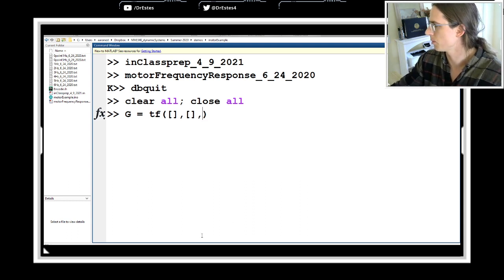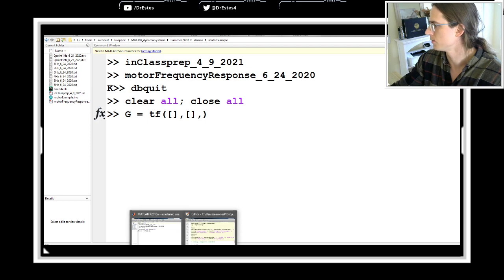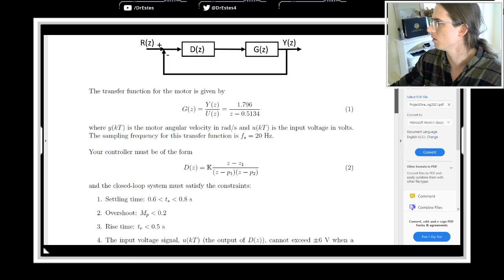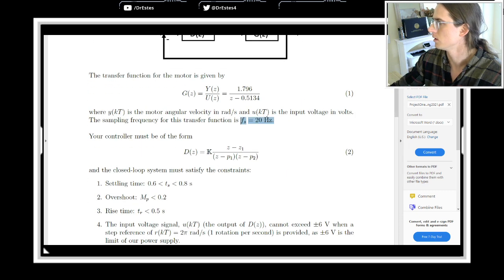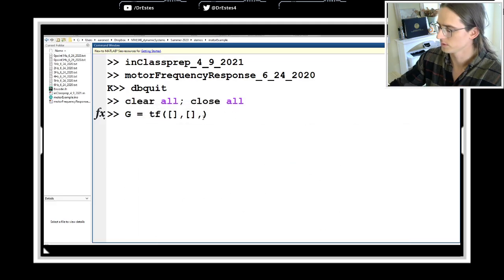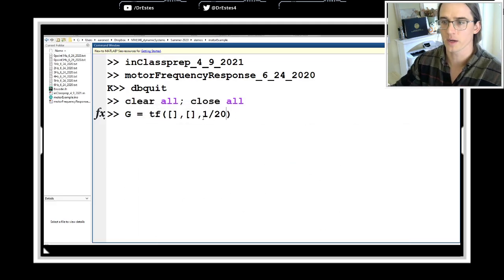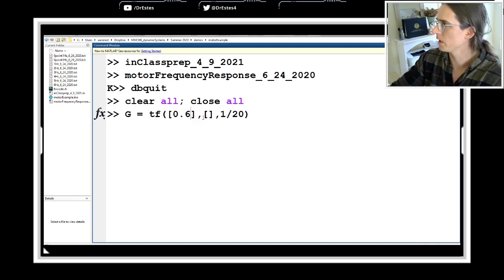I can't even remember what our sampling period is. I guess it doesn't matter, I'm just doing an example. It's 20 hertz in the report. So the sampling period is 1 divided by that. And so I have 0.8 divided by z minus 0.8, right?